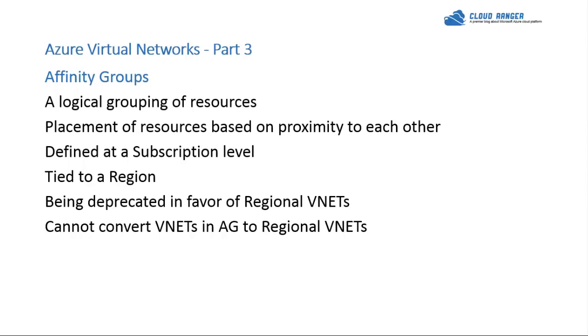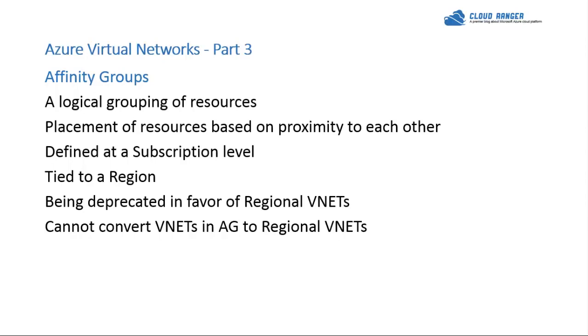So Microsoft came up with a plan. They said that if you create an affinity group, which is tied to a region, then when you create a virtual machine or any cloud services or resources, it will physically keep them close to each other as much as possible.